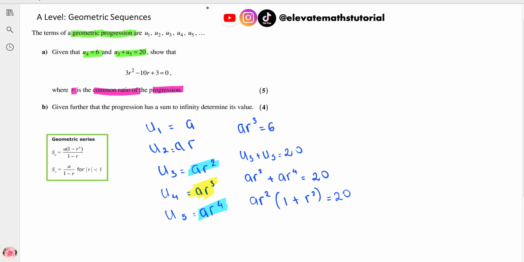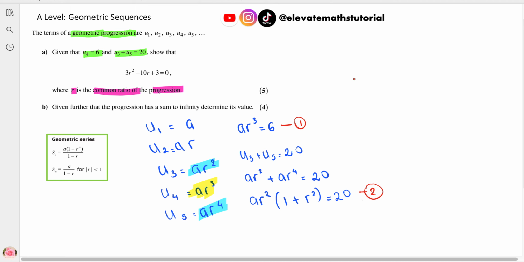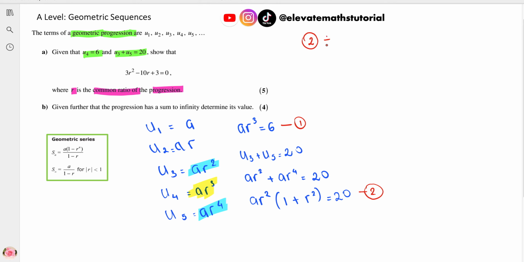What we have here is two equations for a and r, and we need to get a quadratic in terms of r. So we need to somehow eliminate a and simplify for r. So what we're going to do is take the second equation and divide it by the first one. That's the only way we can divide by a and then cancel each other out. So let's write that down here.